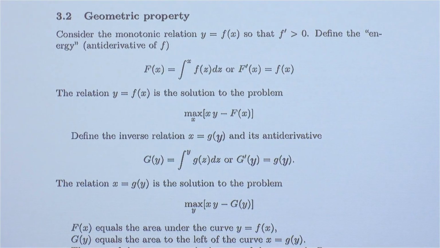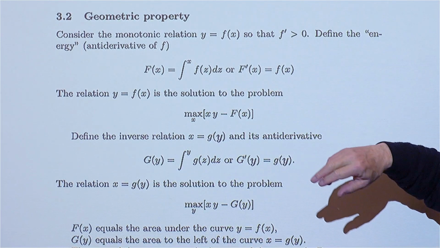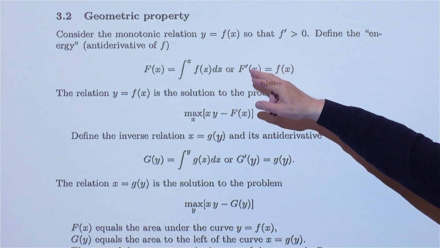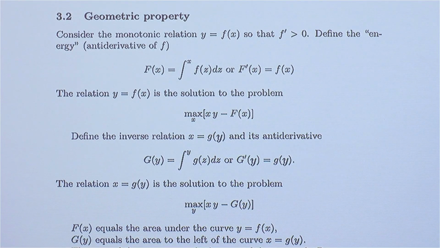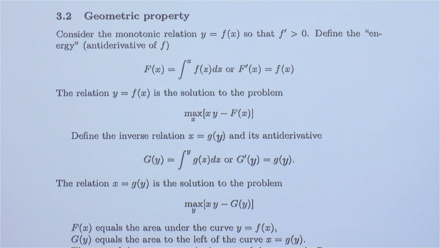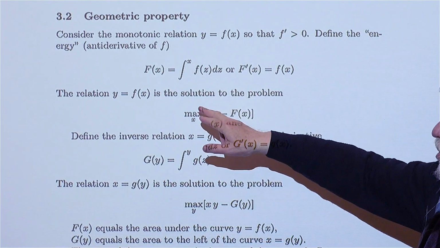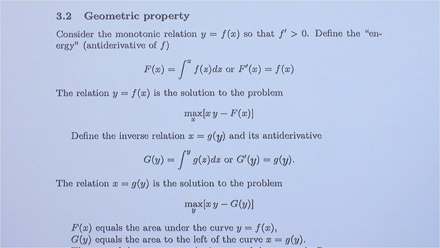And then we define what we call energy or antiderivative of f, so that the derivative of F capital is f lowercase. So then, this means that the solution of this relation is a solution to the problem maximum of xy minus F capital of x.